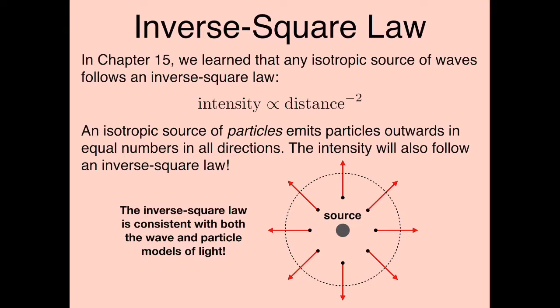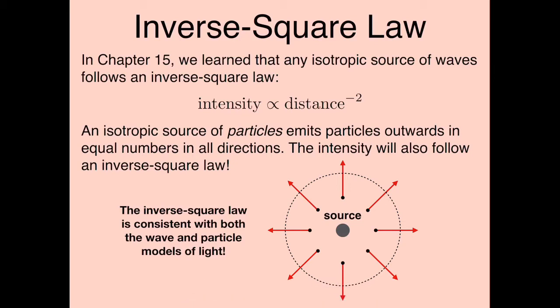And we'll start with the inverse square law. So back in chapter 15, we learned about the inverse square law. We saw that if you have an isotropic source of waves, it will follow an inverse square law, where the intensity of the wave is proportional to 1 over distance squared, or distance to the minus 2 power.